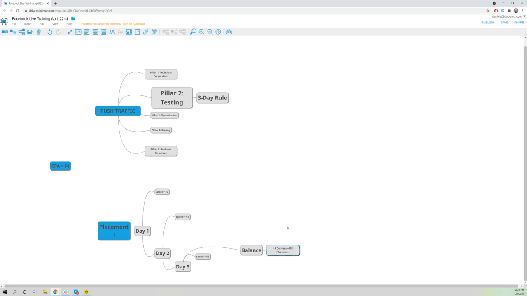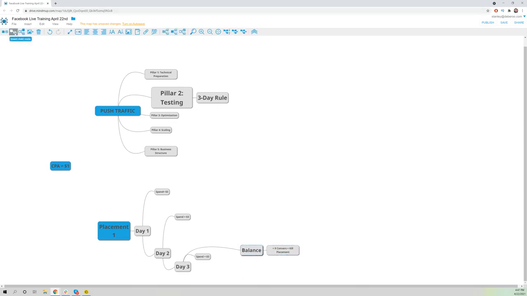You gave it enough room by saying I'm going to spend 9 times CPA in total, 3 different days with 3 times CPA per day. So it has enough data to stabilize the conversions. So if you're not profitable on that placement by the end of day 3, if you have less than 9 conversions, we are going to kill it.